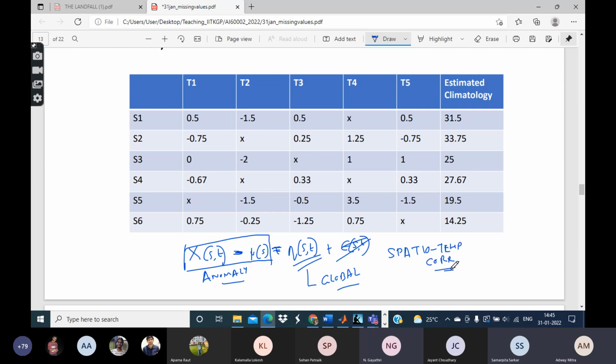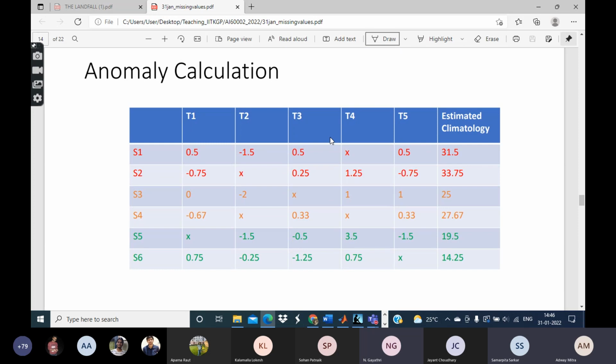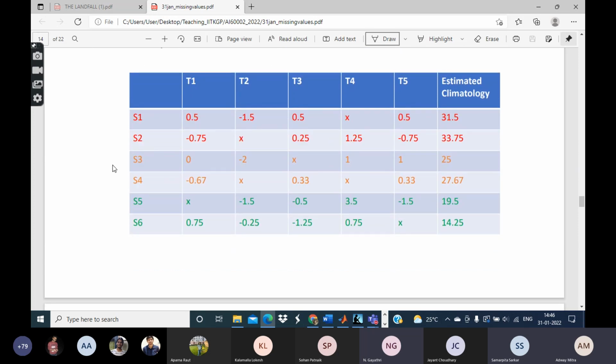So if there is some kind of change between these two locations, it is expected that we will find some kind of spatial correlation between the anomaly in S1 and that in S2, and so on. So first of all, let us consider the three clusters separately. S1 and S2 we are already considering as one cluster, S3 S4 as another cluster, and S5 S6 as another cluster.